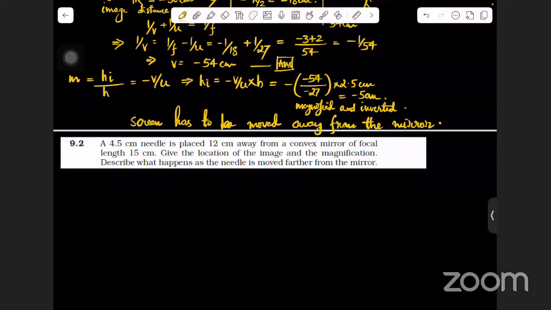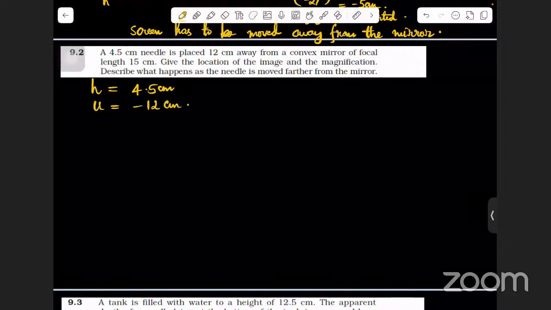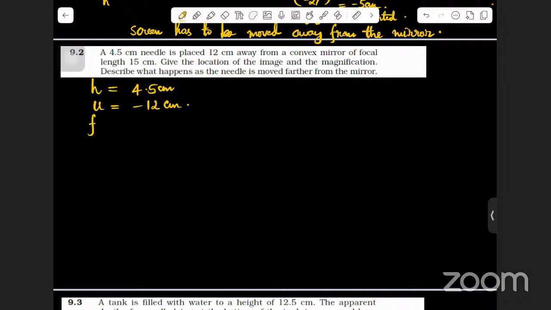What have you been given? The size of the object has been given as 4.5 centimeters. The object distance is given, that is minus 12 centimeters. The focal length of the mirror has been given as 15 centimeters. Now let's think for some time. We have a convex mirror, right?